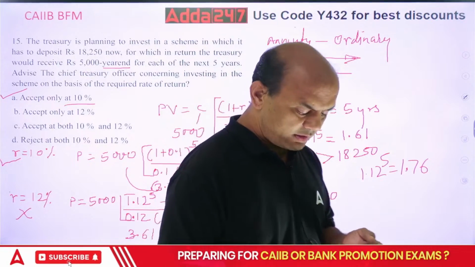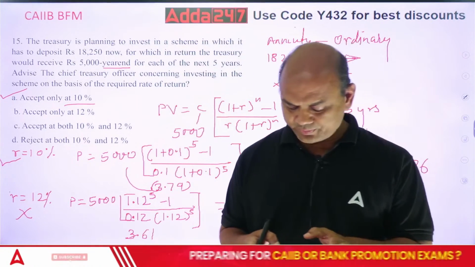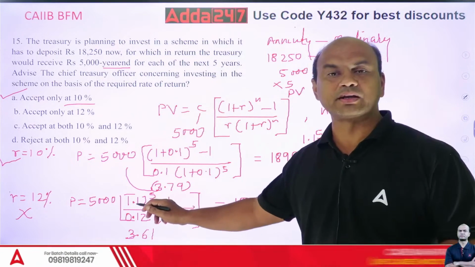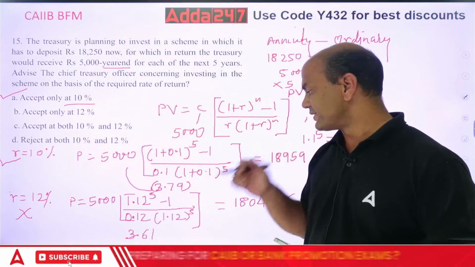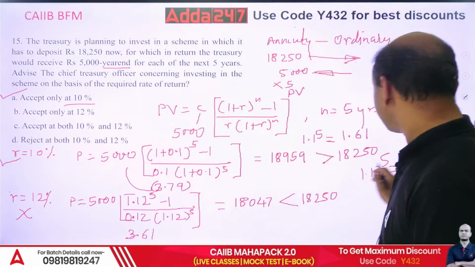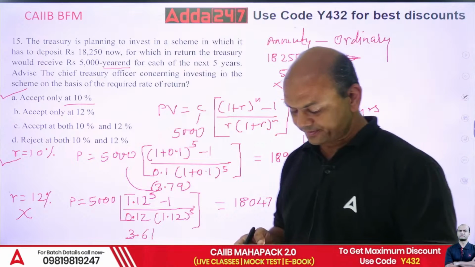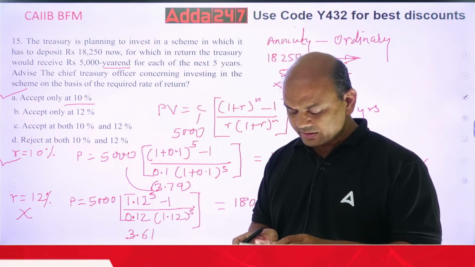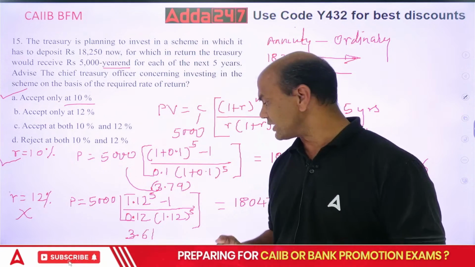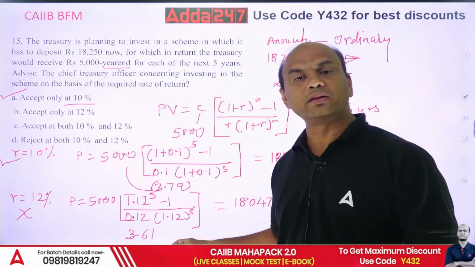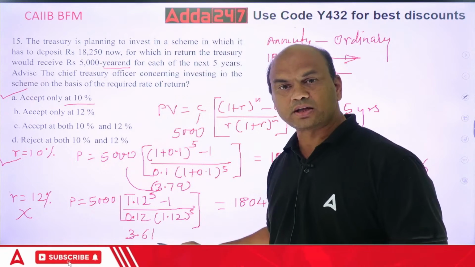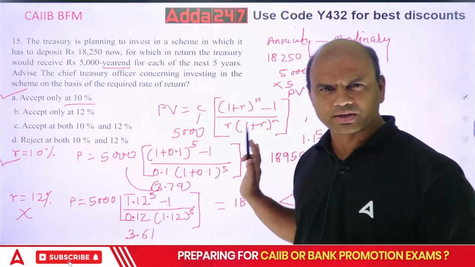You are getting 6.3 over here. 6.3 divided by, again, this 1.76. So you must get it as 3.609 or 3.61. Anything is okay.